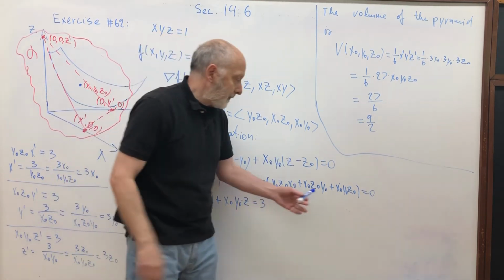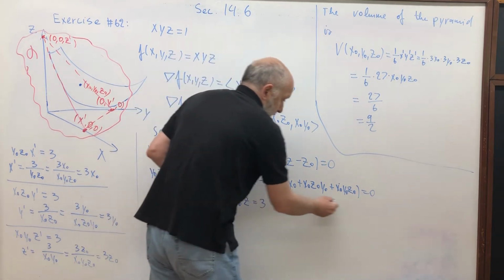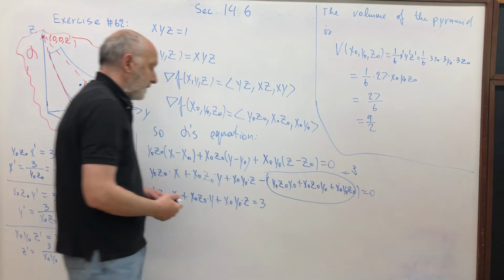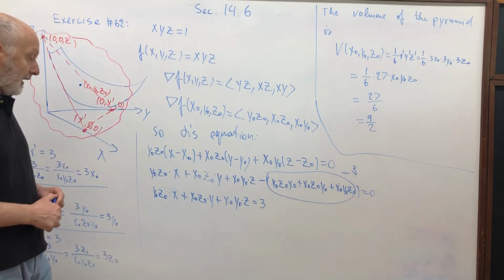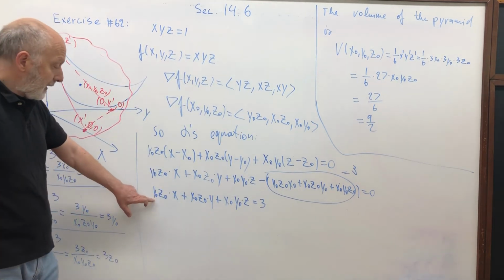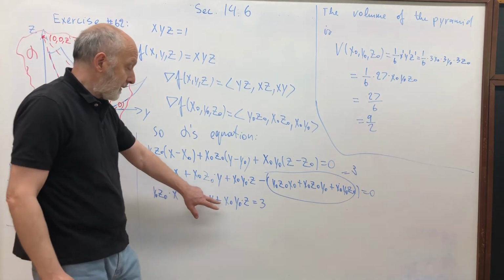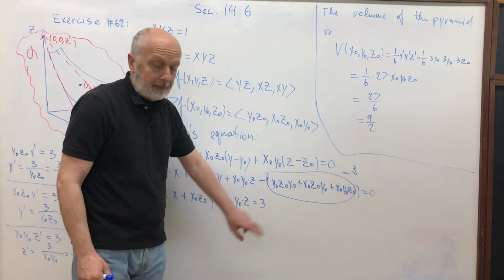So this whole sum is going to be equal to 3. We bring 3 to the right-hand side and we have the final equation of this alpha tangent plane: y0z0 times x plus x0z0 times y plus x0y0 times z is equal to 3.